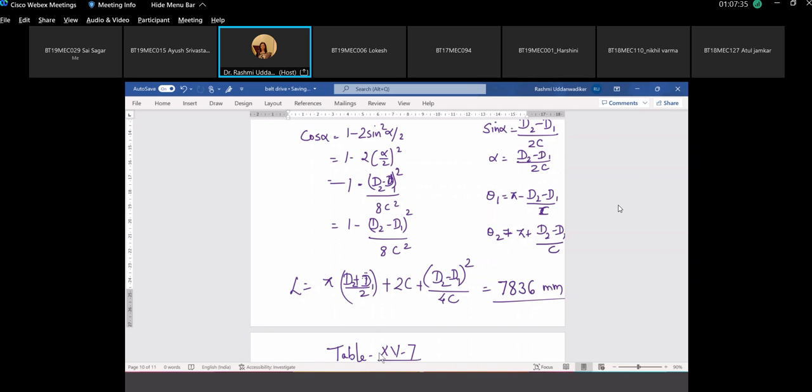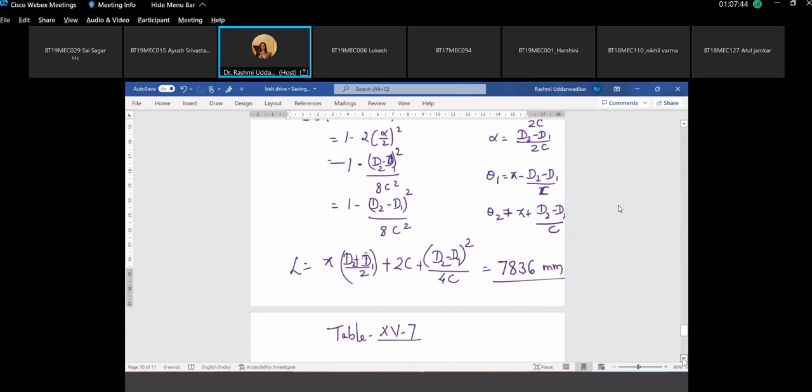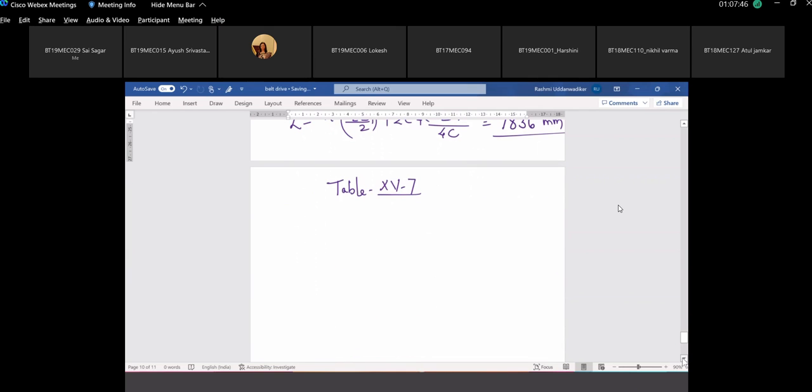Number of sets. What do you mean by number of sets? This is your pulley. This is the rim of the pulley.